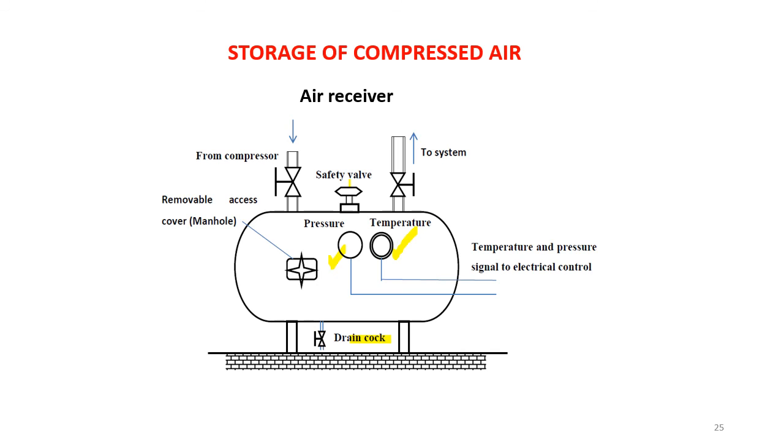There is a safety valve to make sure the pressure in the air receiver always stays below a certain point. Then there is a manhole for maintenance. Because it is a high pressure region, rust and dirt may form inside the air receiver, which can be easily cleaned with the help of the manhole.